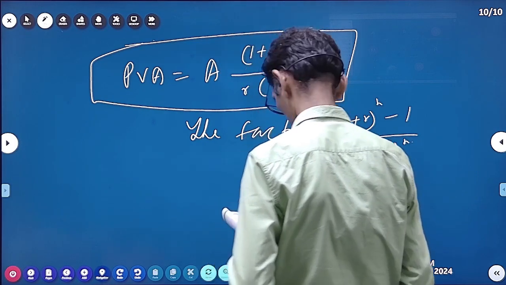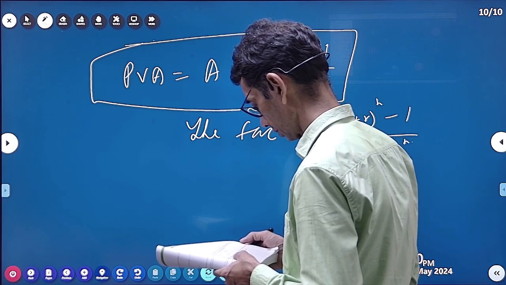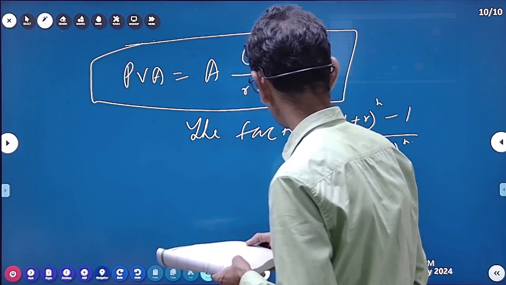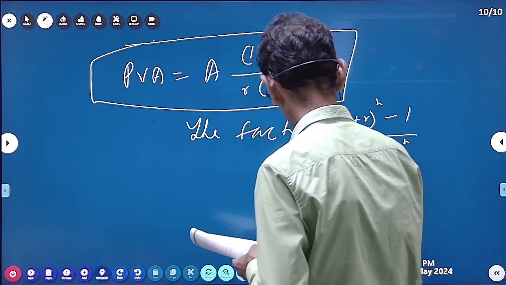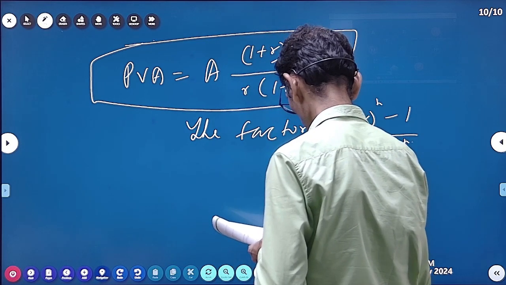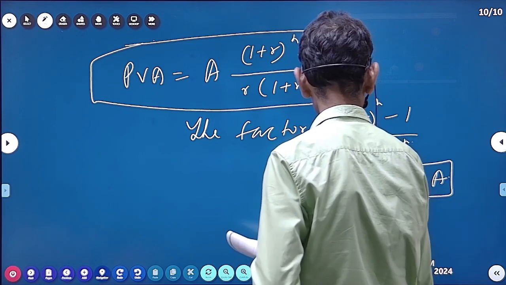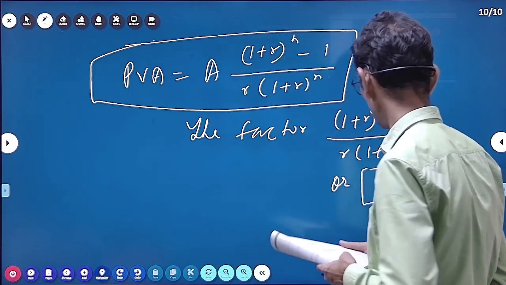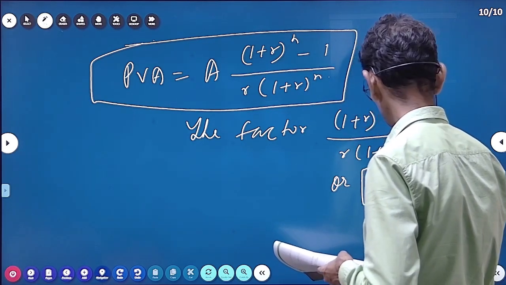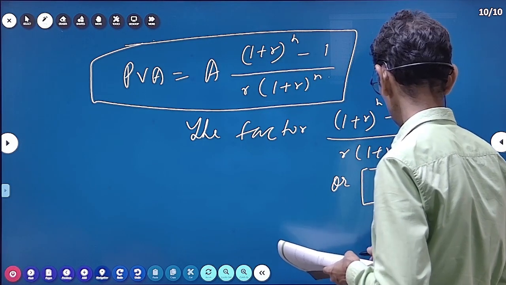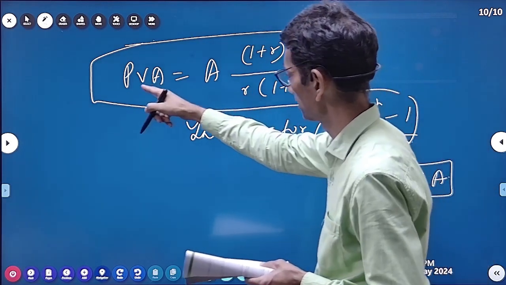The factor [(1 plus R)^n minus 1] divided by [R(1 plus R)^n] is called the present value interest factor of an annuity, or PVIFA in short. If you multiply this factor by A, you will get the present value of the annuity.